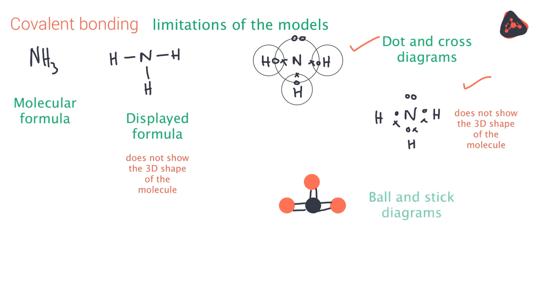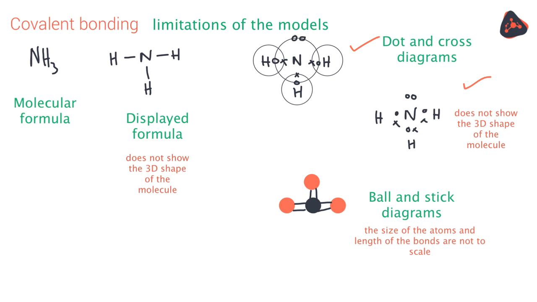The ball and stick diagram, or even better, a ball and stick model made by plastic pieces called molymods, which you might have seen at school, is a great way of visualizing the molecule's three-dimensional shape. However, it is limited because the size of the atoms and the length of the bonds are not to scale and look much larger than they should be.